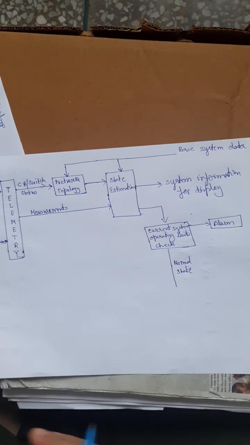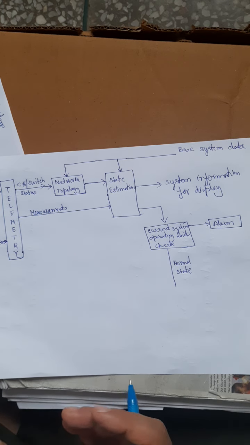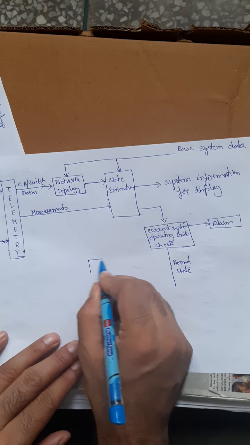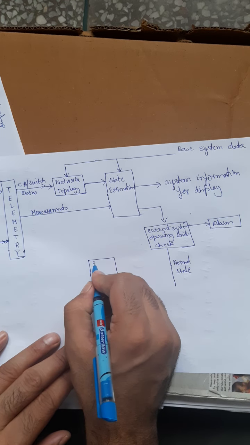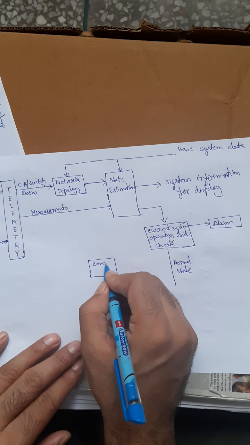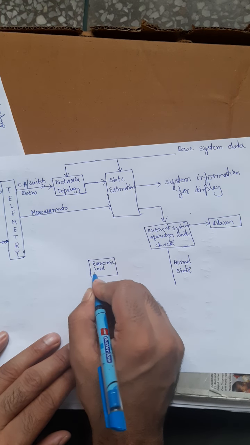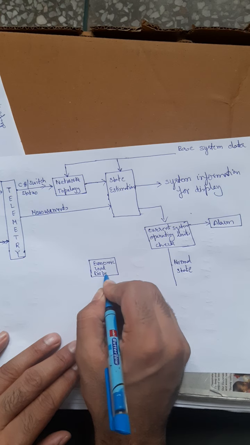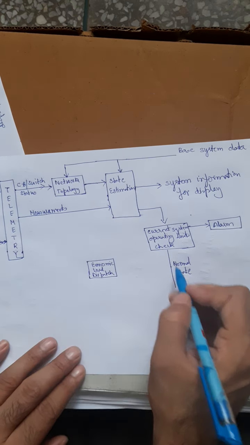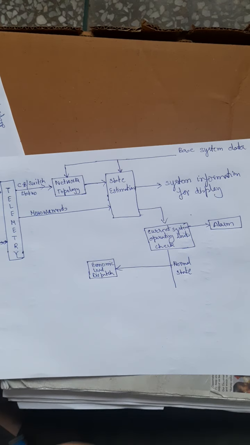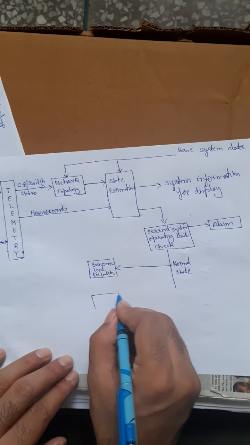Once our system is operating in the normal state, we can go to other things like economic load dispatch. Okay, if the system is in the normal state, we will carry out the economic load dispatch. We can carry out other functions like security analysis.